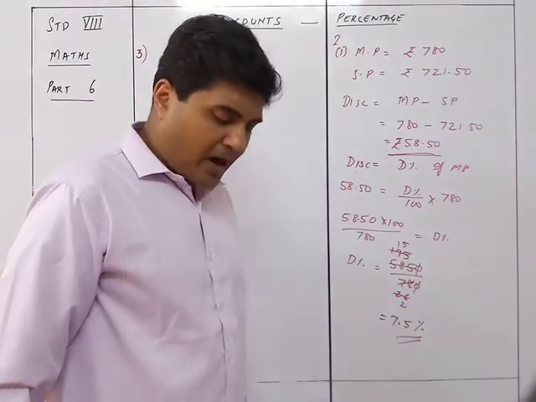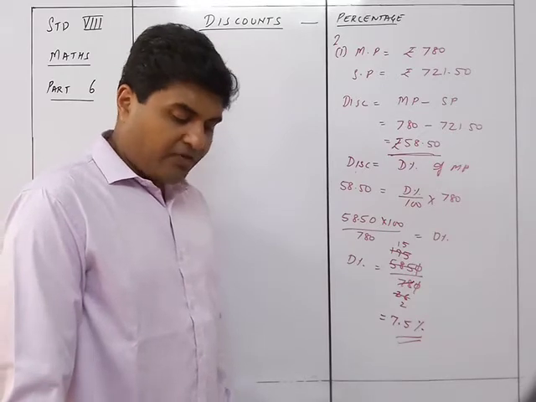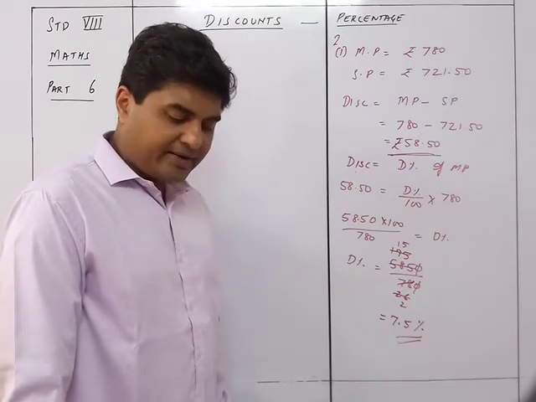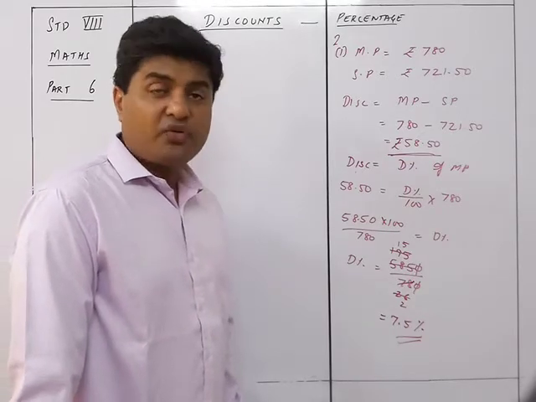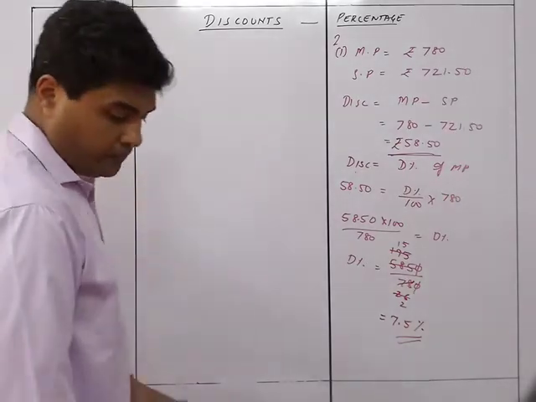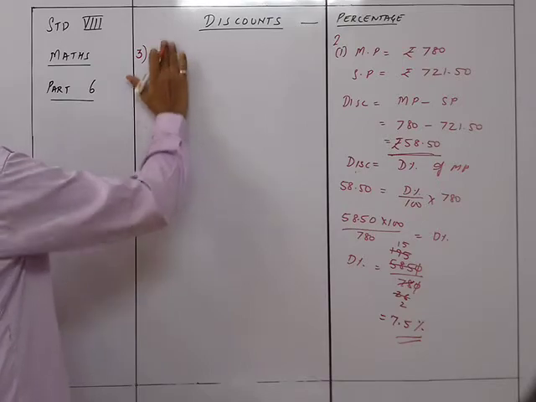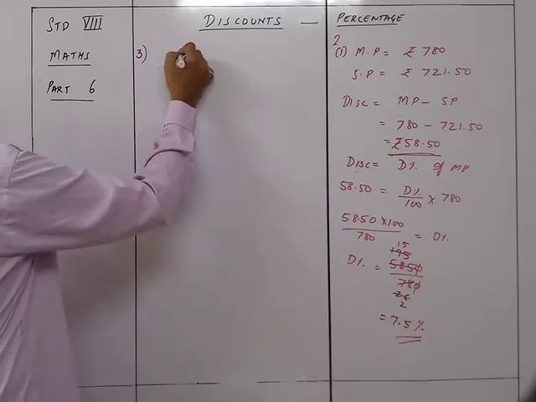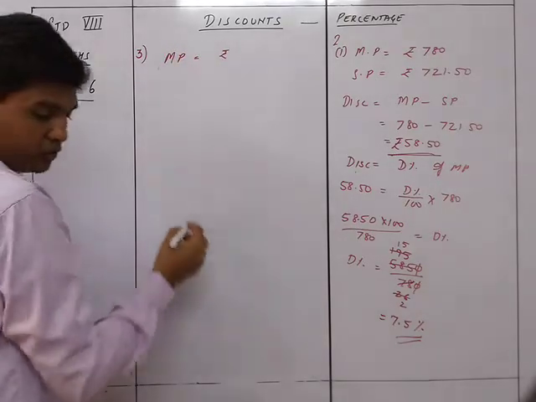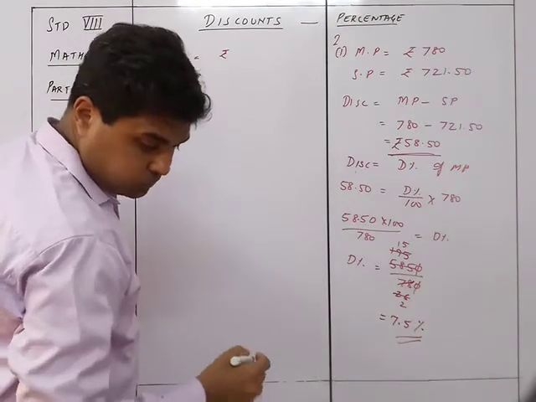A notebook is marked at rupees 30. Find the price the student pays for a dozen notebooks if he gets 15% discount. So you are given over here that the mark price of one notebook is rupees 30.